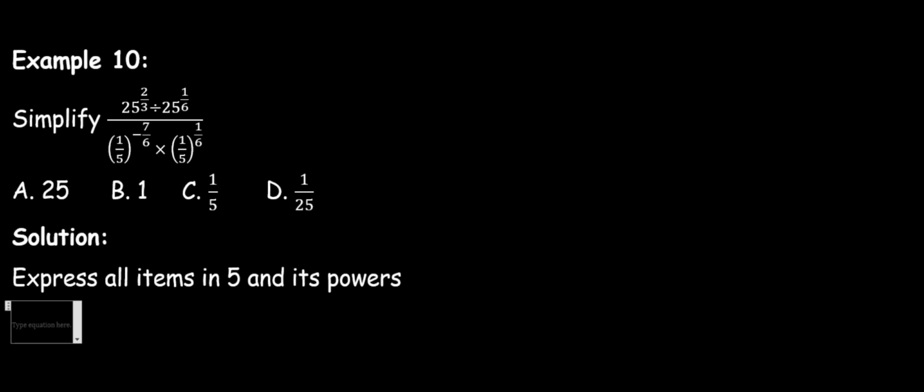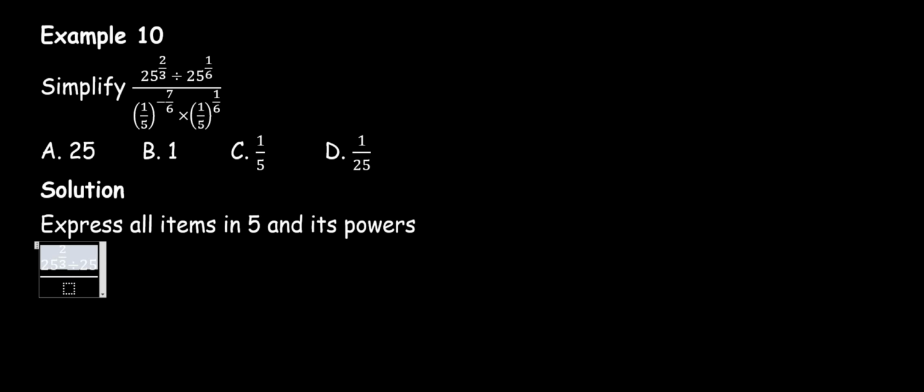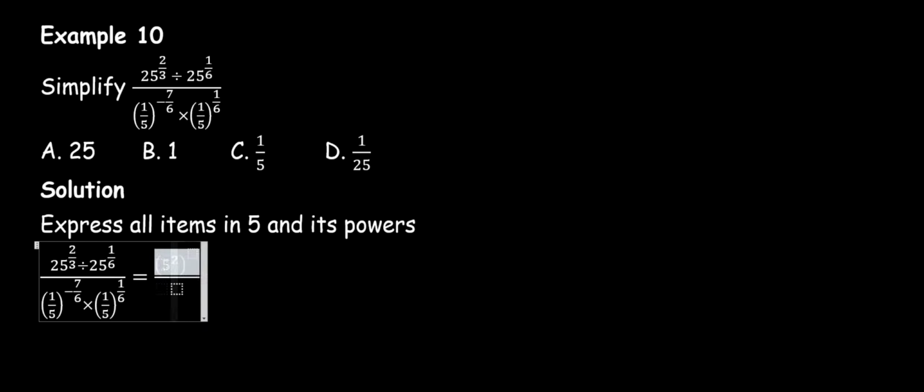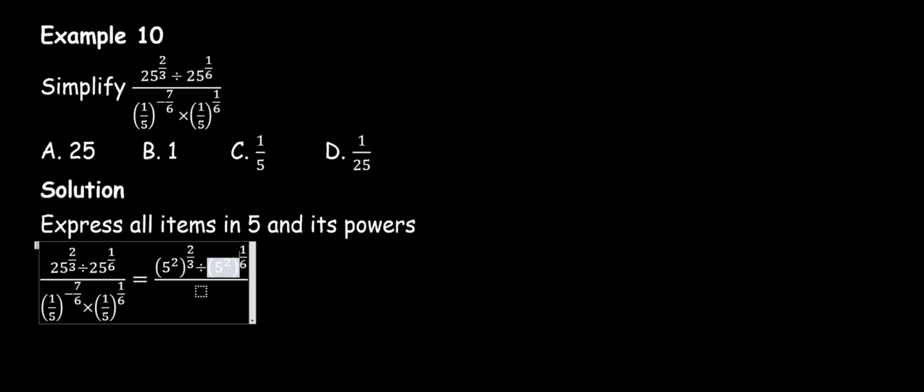So our problem, 25 raised to power 2 over 3 divided by 25 raised to power 1 over 6 over bracket open 1 over 5 raised to power minus 7 over 6 times bracket open 1 over 5 bracket close raised to power 1 over 6, will be equal to: 25 becomes 5 squared as the numerator, raised to power 2 over 3, divided by 5 squared, again you open and close your bracket, raised to power 1 over 6.